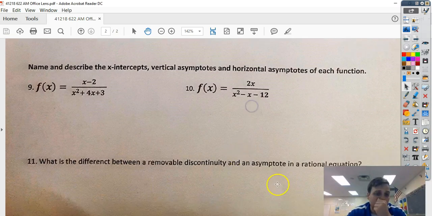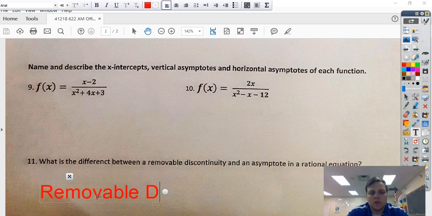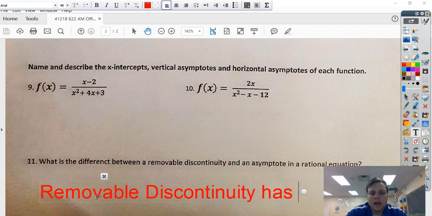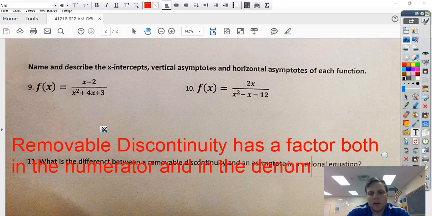Number 11. What is the difference between a removable discontinuity and an asymptote in a rational equation? Simply, a removable discontinuity has a factor both in the numerator and in the denominator.